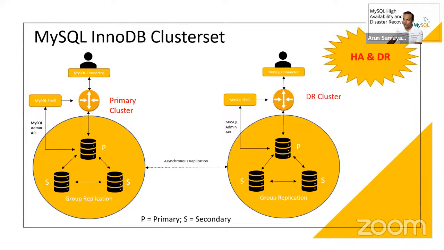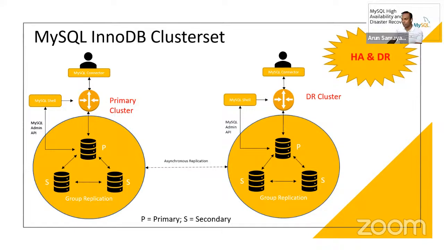We have seen the high-level overview of the InnoDB cluster. The reason this slide is here again is that we wanted to see the primary cluster. Here you would see A, B, and C in the primary cluster, and D, E, and F on the DR cluster. We'll have 2 routers, and the client connections would be there.